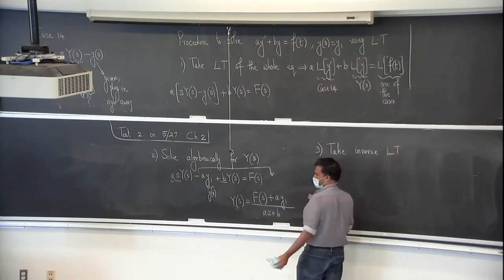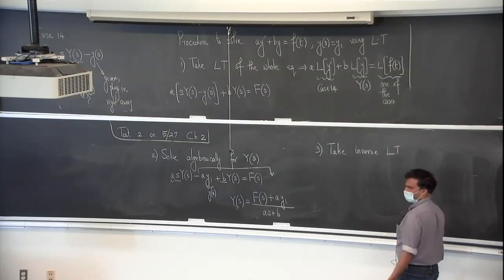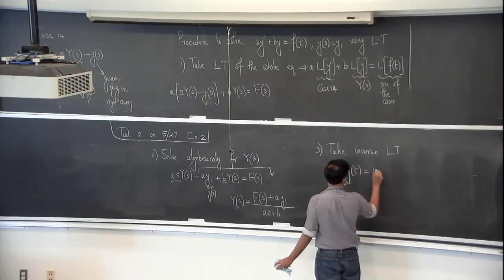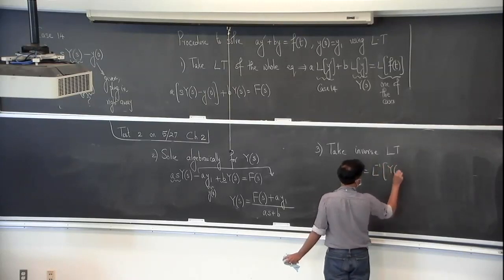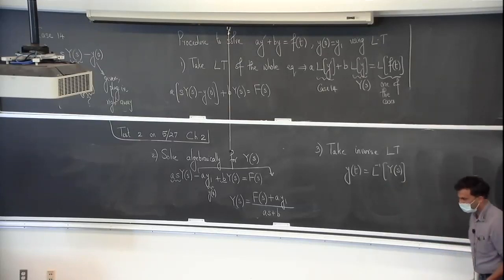And this is where you need to be algebraically prepared to use whatever techniques you need. So y of t would be L inverse of Y of s. Partial fractions, completing the squares, whatever you need, you do it and retrieve your y of t.